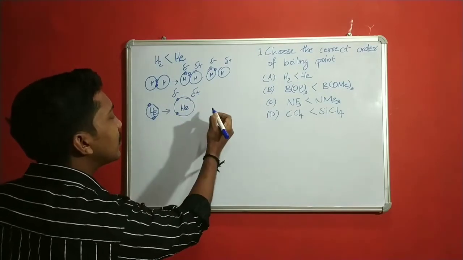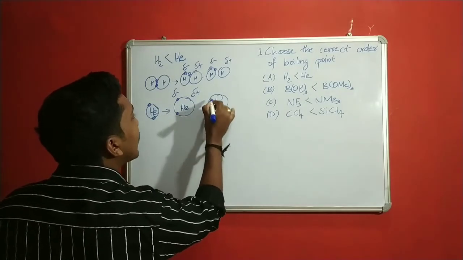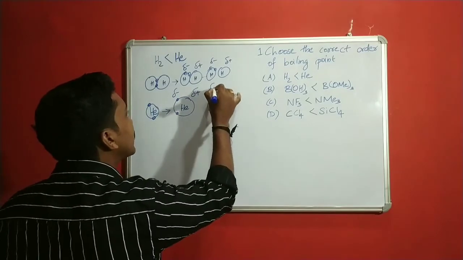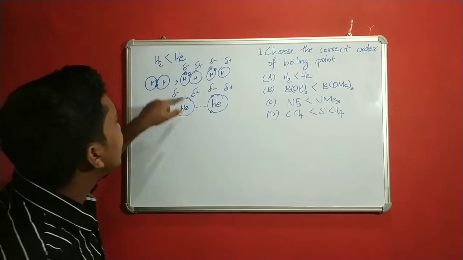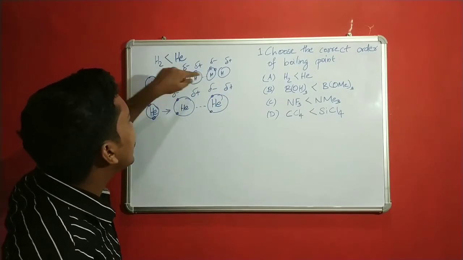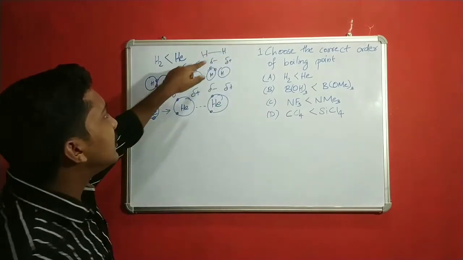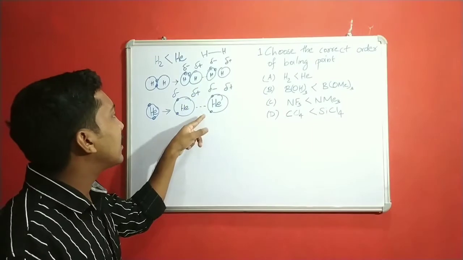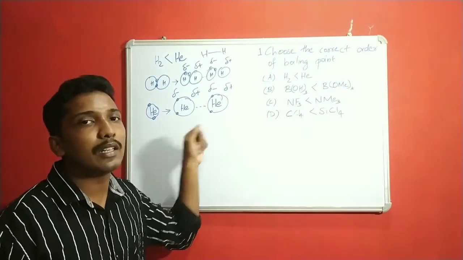So this will induce a dipole in the nearby helium atom, and there also this kind of interaction will take place. While comparing these two, this linear-shaped hydrogen dipole will have more energy compared to the spherical atoms in helium.